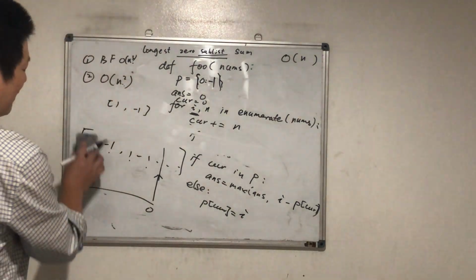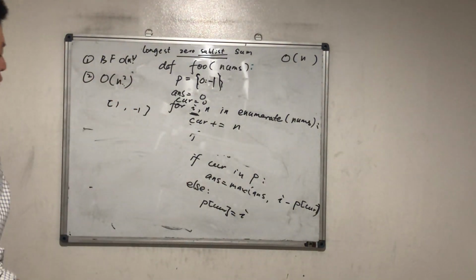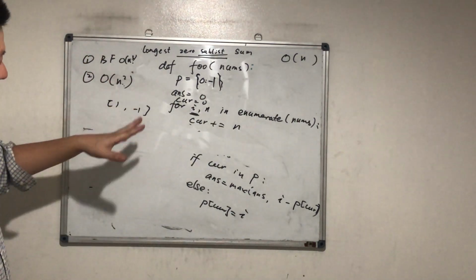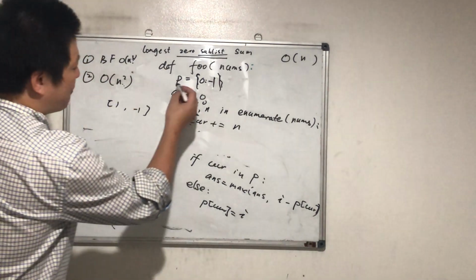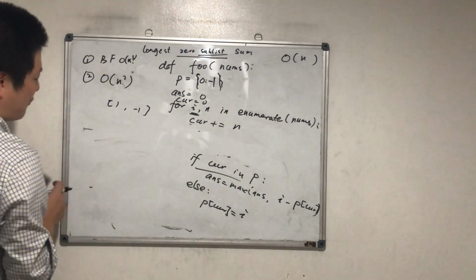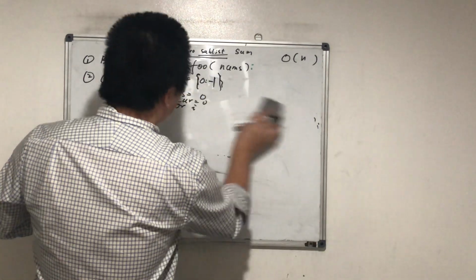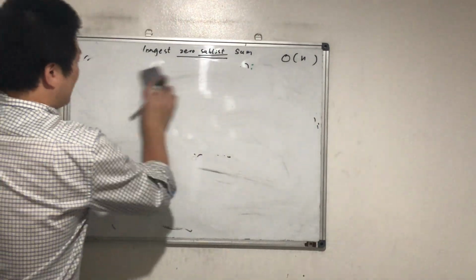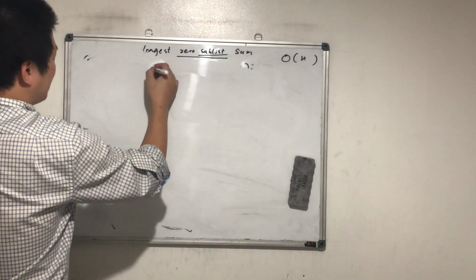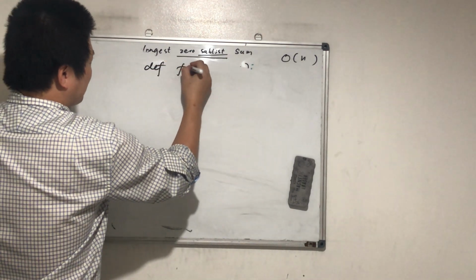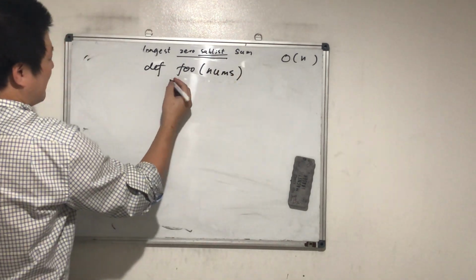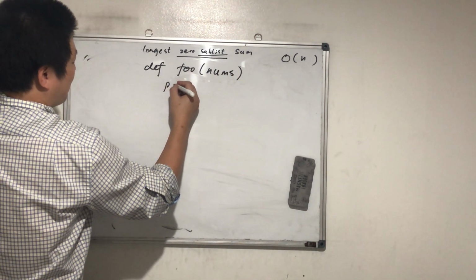Got it? Okay. Another way, algorithm, I'm not going to talk too much here, is that we can store each prefix, and for each prefix we store its index. So it'll be something like this, let's try quickly. Write this, nums, and then prefix sum.